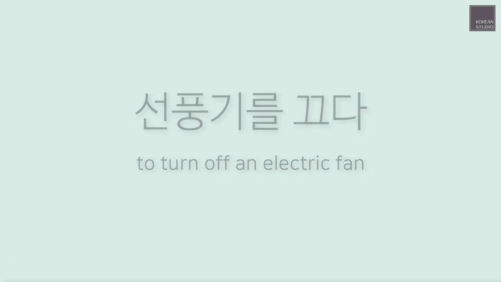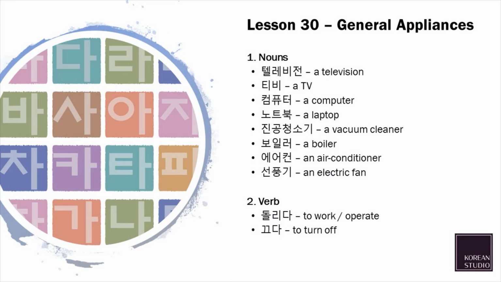Great job today, well done. In today's lesson, we learned words related to appliances found around the house. First, we learned that a television is television, but it's also called TV. A computer is computer, and a laptop is notebook. A vacuum cleaner is 진공청소기.